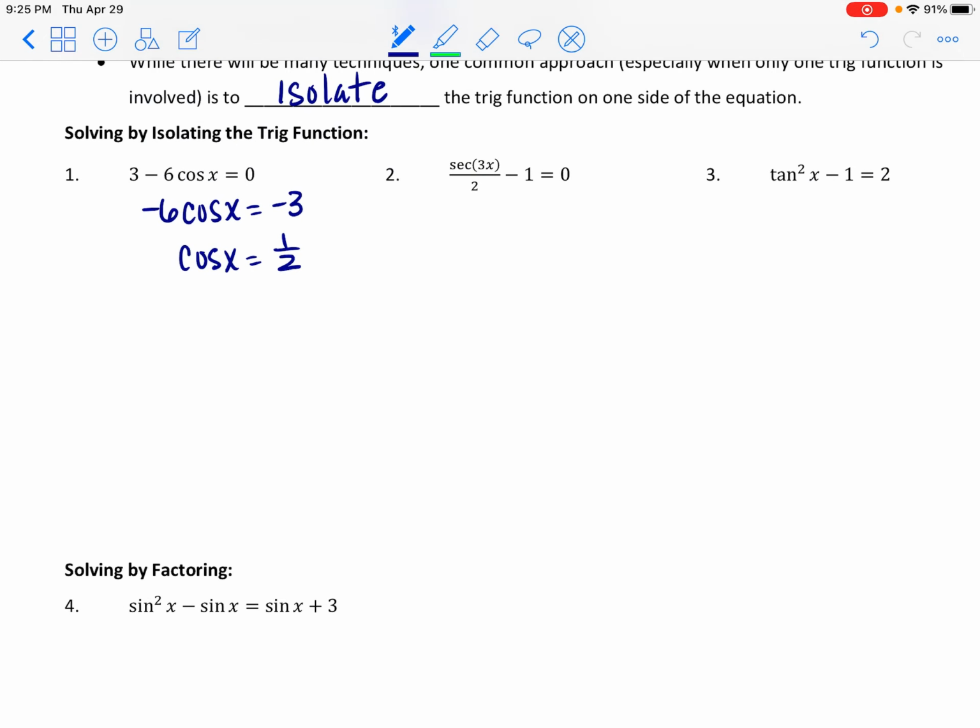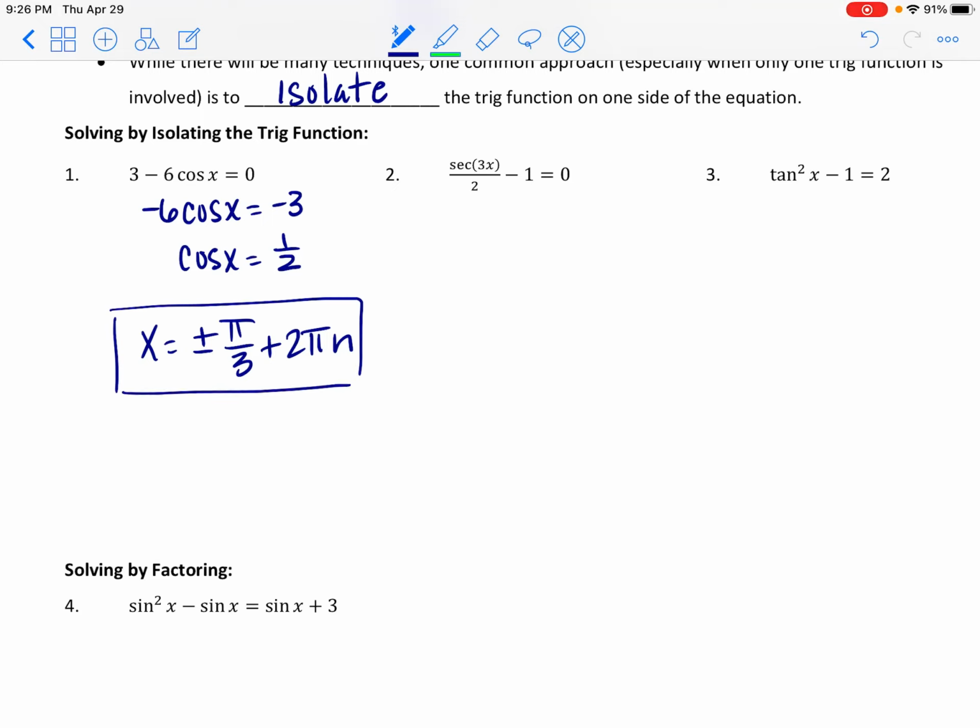So we're going to say that x can equal, we can say it separately, pi over 3 plus 2 pi n number of times, and again we can say negative pi over 3 plus 2 pi n number of times, or because it's the same value but one's positive, one's negative, we can simply condense that and say plus or minus pi over 3 plus 2 pi n number of times. Okay, so that's how we can describe all of the solutions to that equation.